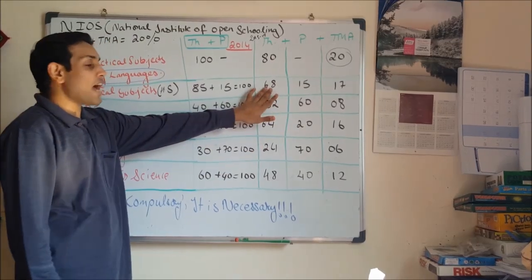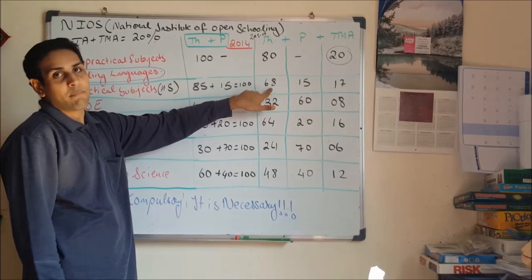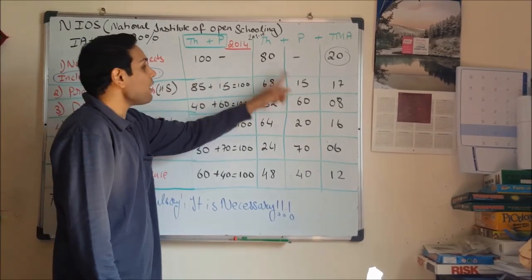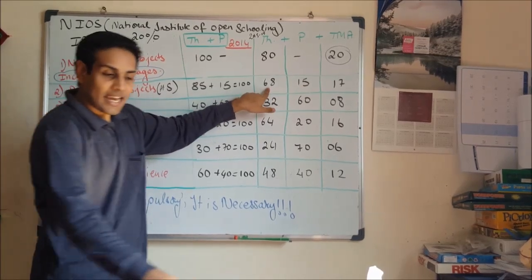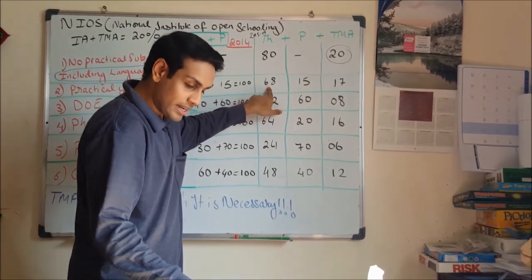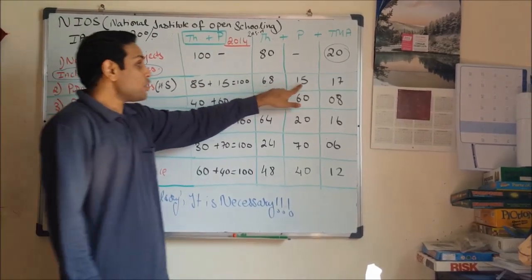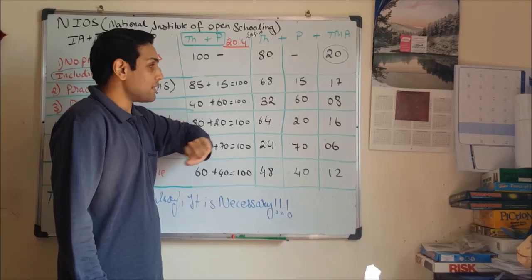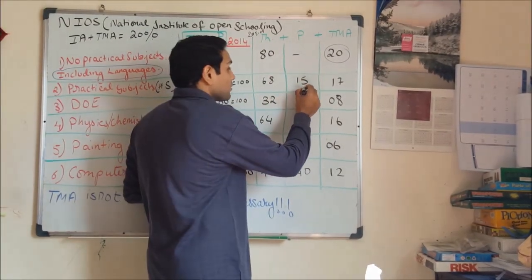These 68 are not out of 100; it's a 68-mark theory exam paper, but the practical marks remain the same, 15. When I add 15 and 68 together using my calculator, I get 83, which is the total of only theory and practical.